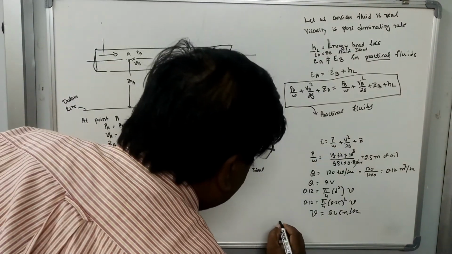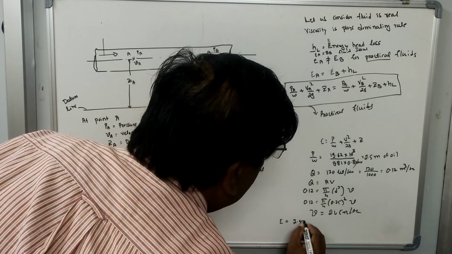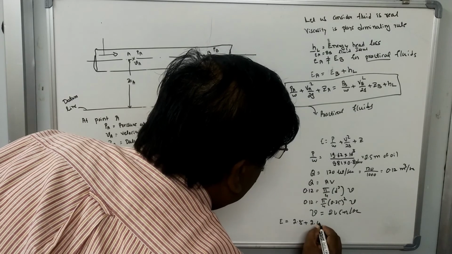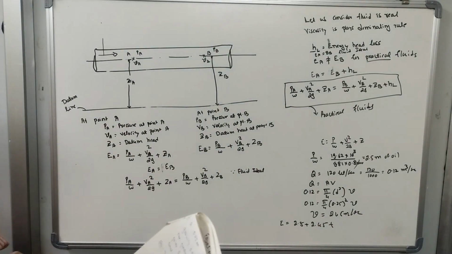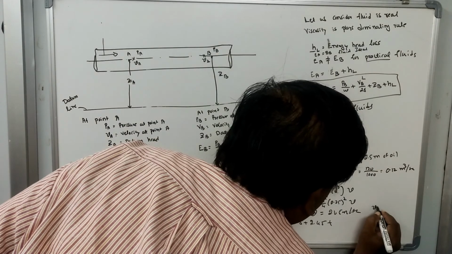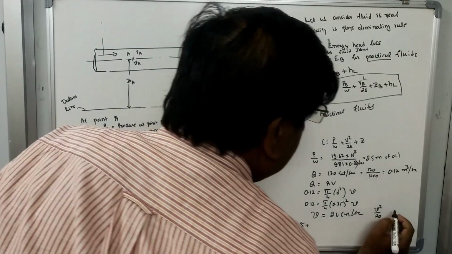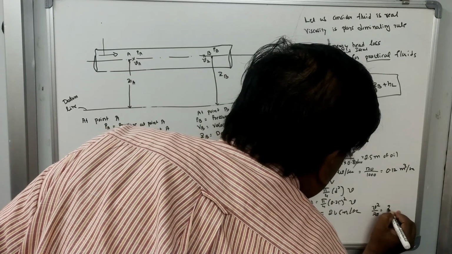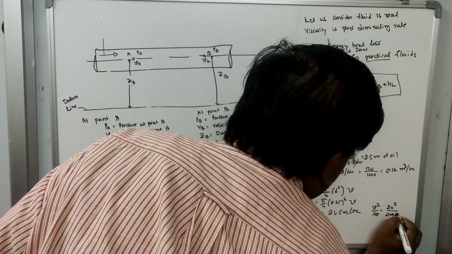So energy head E is equal to 2.5 plus V square by 2G plus Z, which is given. After getting V, you can get V square by 2G. V square by 2G is 2.45 square divided by 2 into 9.81.